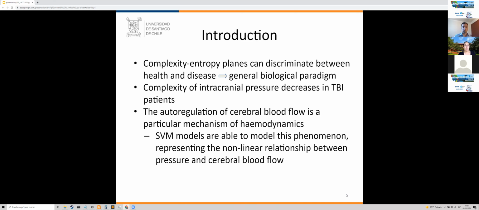So far I have referred to the hemodynamics of our brain, but I have to note that there is a particular mechanism of hemodynamics called autoregulation of cerebral blood flow, a system that manages variations in cerebral blood flow relative to blood pressure. Support vector machine models are able to model this phenomenon, representing the non-linearities of the system.